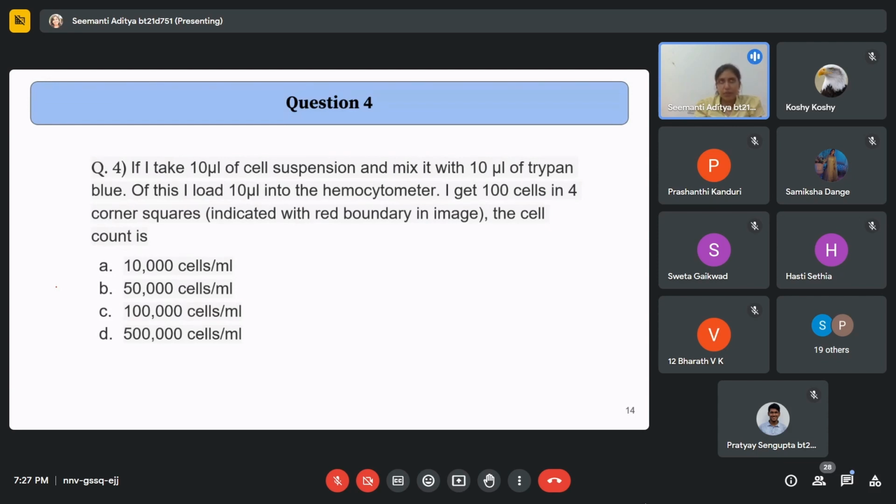You can add live cells plus dead cells to get the total cell count. But generally, for experiments, we have to go with the viable cell count, because that is more relevant as you are using those many viable cells for the experiment. But to answer your question, we can count both viable and dead cells.